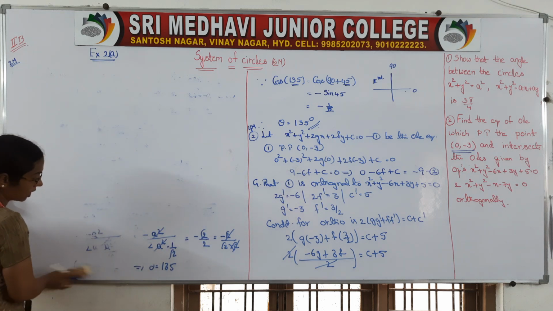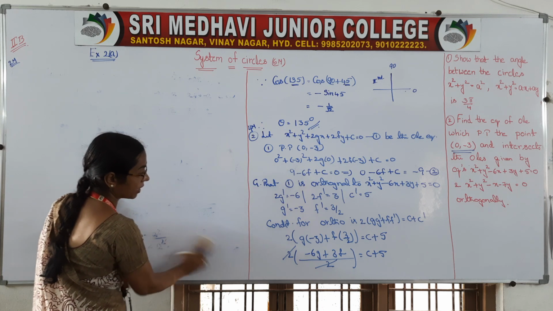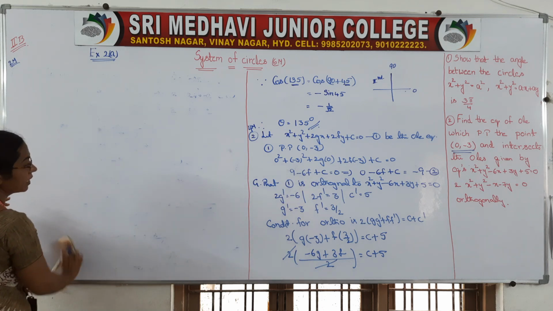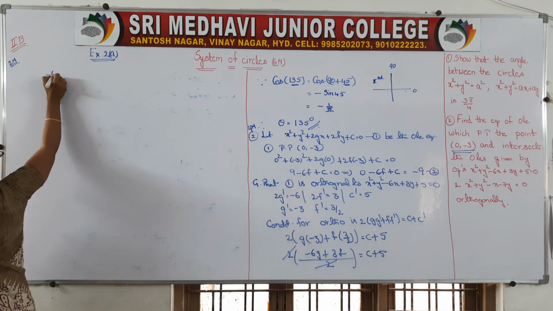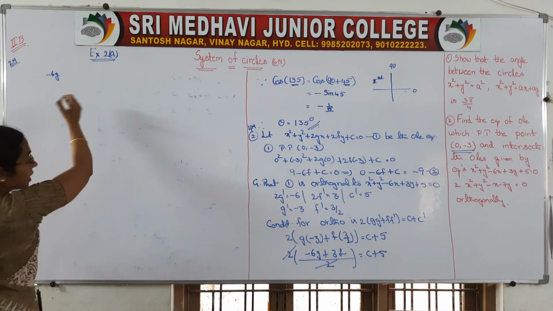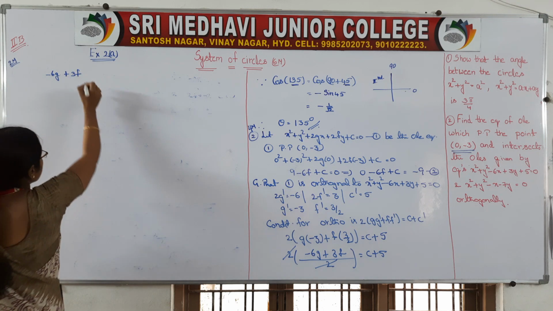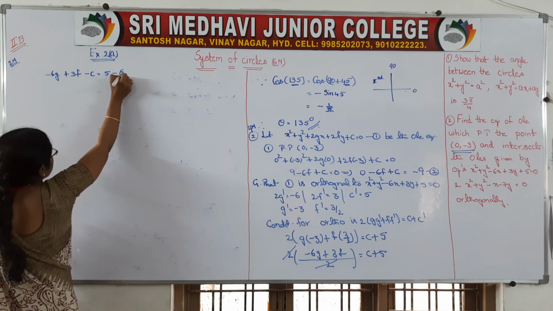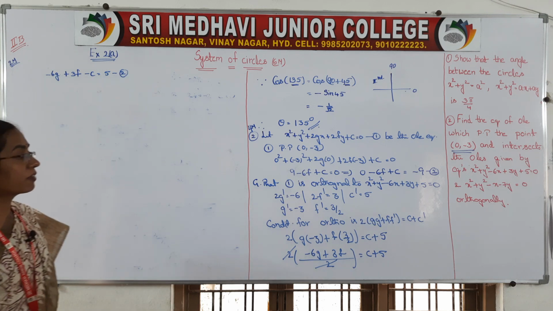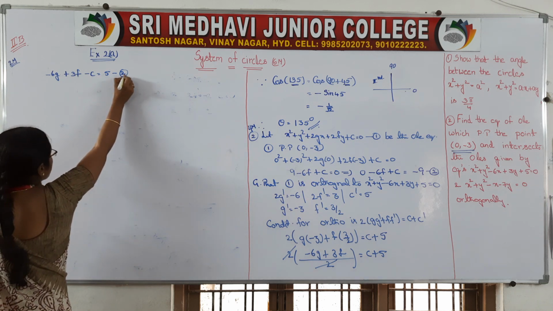So come on, what is the equation? Minus 6g plus 3f, right? G term, f term, c term. Okay, so minus 6g plus 3f minus c is equal to 5. You consider this as the second equation. Already the second is over, so this is the third equation.